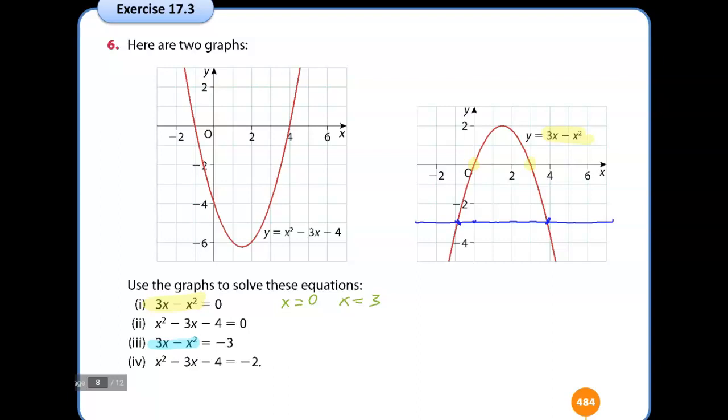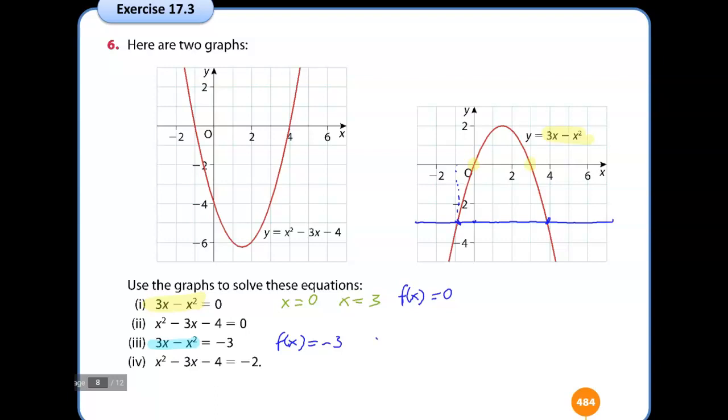The first one was a bit like f of x equal to naught, where you're finding the x-axis intercepts. This one is a bit like saying a function equal to a constant. That's why we're drawing the horizontal line. So what are the solutions? You have to read off x values.